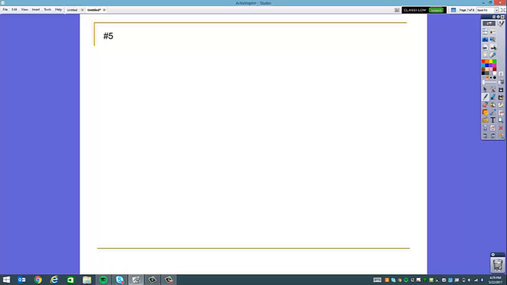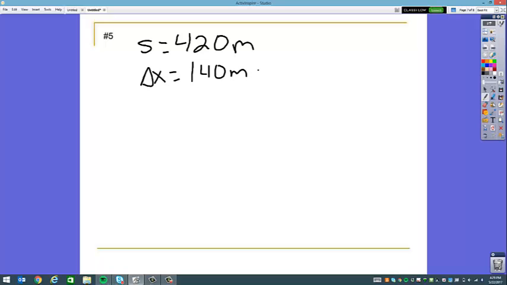When you label your givens, you had your distance from earlier. Your distance was S, and it was 420 meters. Your displacement was 140 meters to the right.